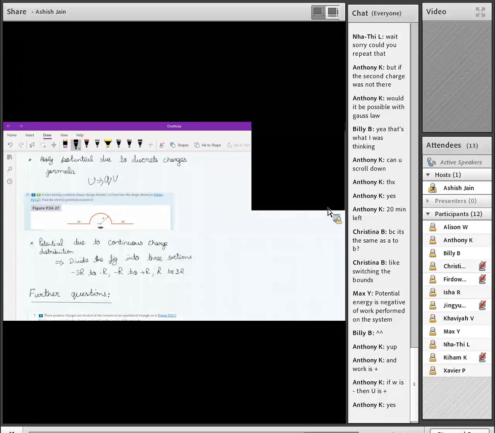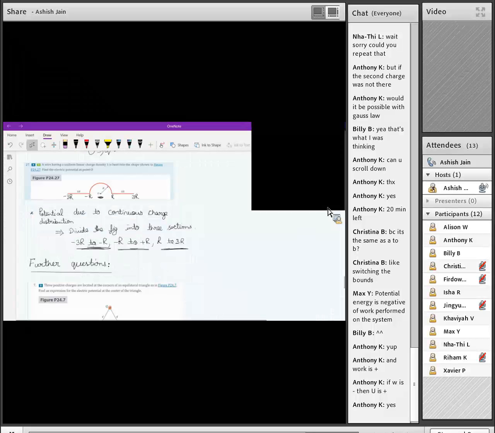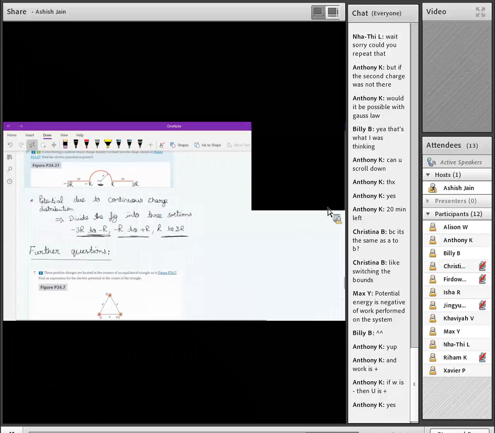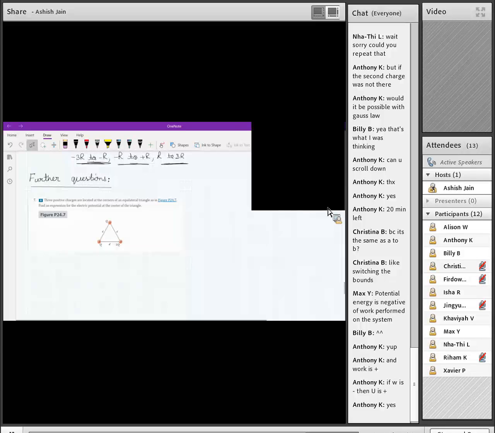So you have to use the integrals, and you divide the integral into 3 sections: -3r to -r, -r to +r, and r to 3r. I'll give the coordinates. Makes sense to all of us, right? You can see the solution. I solved it in the second DGD. I think that was the last question of the second DGD.